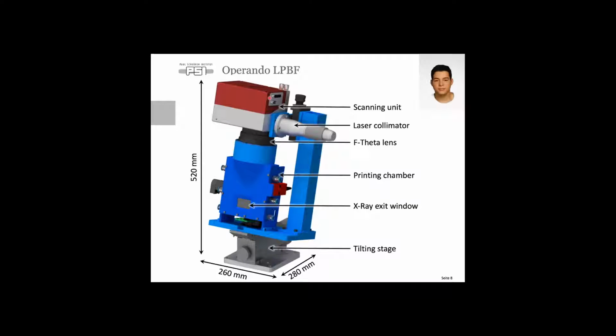This is a commercial 2-mirror system that puts the laser beam that comes in from the side through this objective and then into our printing chamber. You also notice here an X-ray exit window where the X-ray beam that comes in from the back can exit in the front. The whole thing is mounted on a tilting stage, and we will see later why this is important.